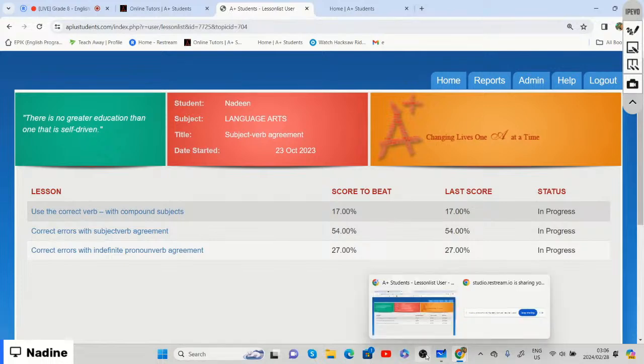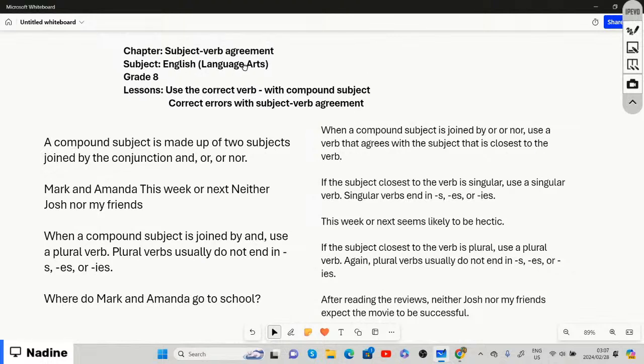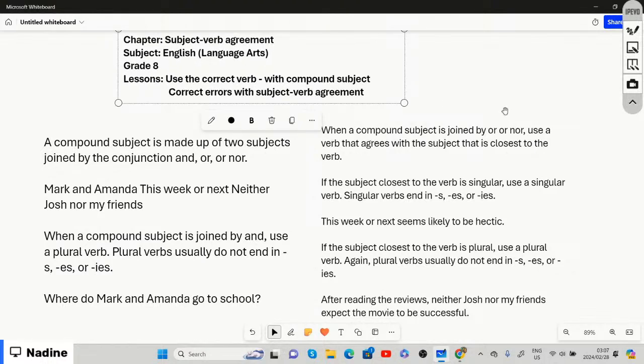All right, so we're doing subject verb agreement. And our chapter is subject verb agreement. The subject is English language arts, grade 8.